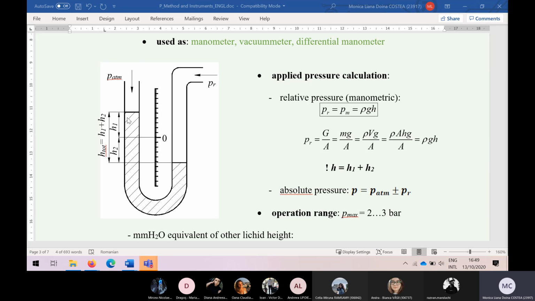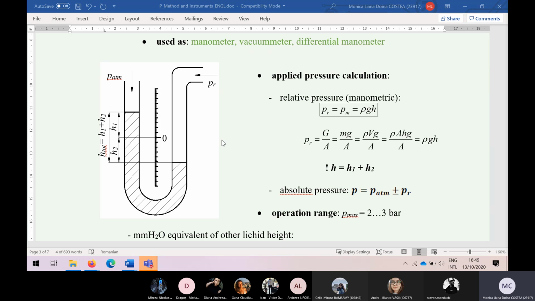And now the liquid is pushed against the atmospheric pressure. It means that this relative pressure is greater than the atmospheric pressure and determines this displacement of the liquid. Okay? How high is this H total? It depends, of course, on how high P relative is compared to the atmospheric one.